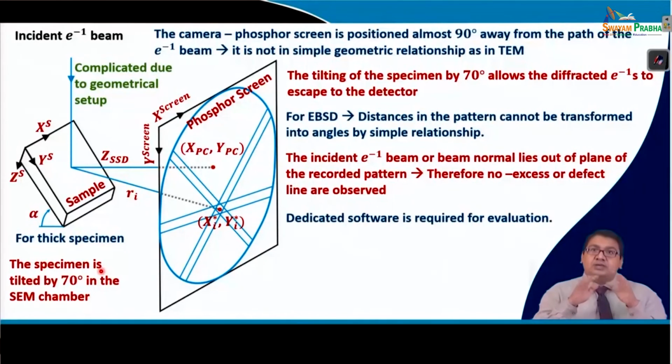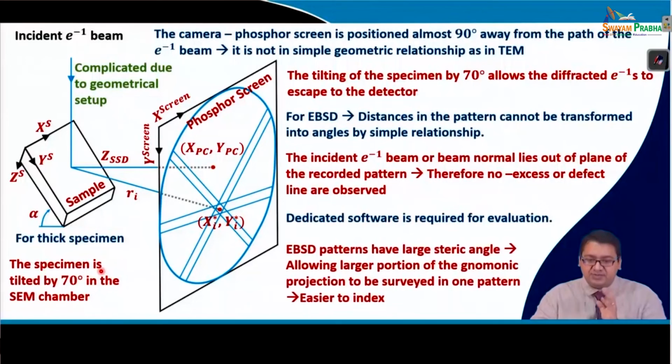Now, in order to evaluate this Kikuchi pattern and to raster the whole microstructure, a part of the microstructure is sampled as an area, and multiple millions of Kikuchi patterns are obtained for a small area of the sample, and then to obtain the texture a dedicated software is required, right. So, what is the advantage here?